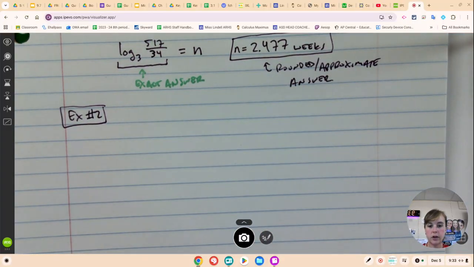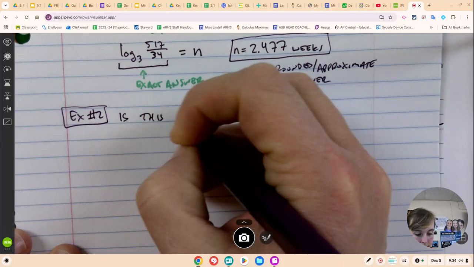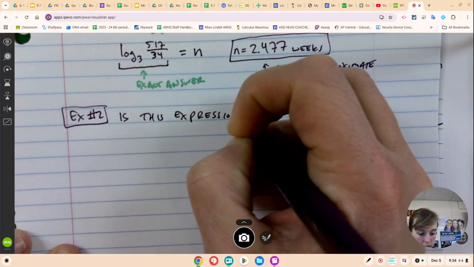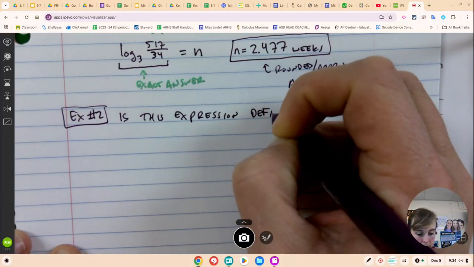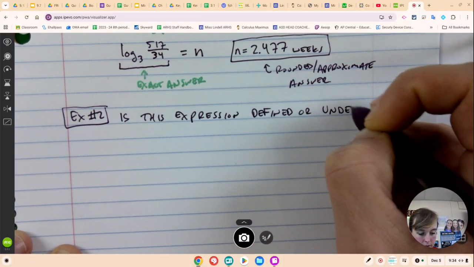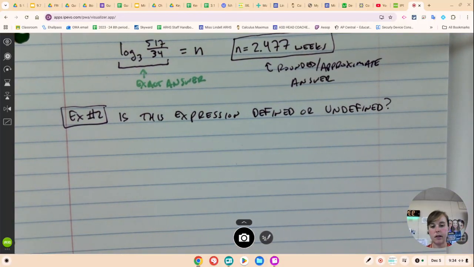Our overarching question for each of these parts is: is this expression defined or undefined? In other words, can I do this? If not, why not? And so yeah, there will be an if-not-why-not component here also.